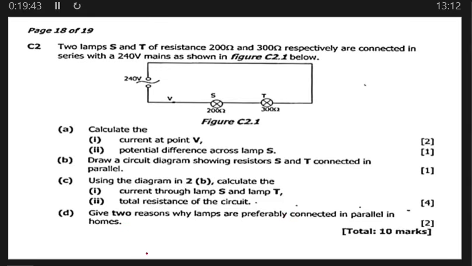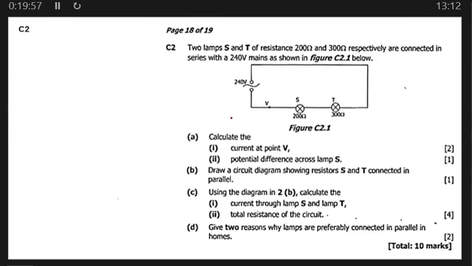So let's begin with A, where we are saying calculate one, the current at point V. So let's go like this. So we'll say this is our question. Let us push it aside here where we are going to calculate current at point V.